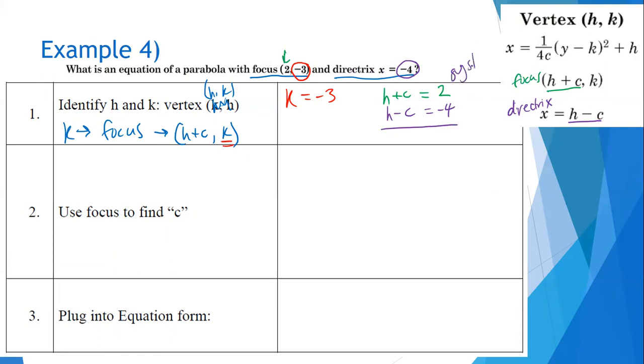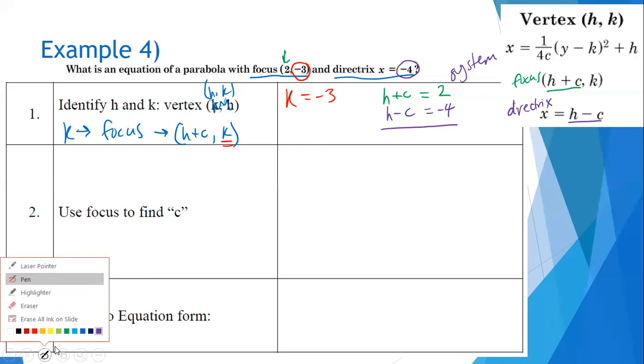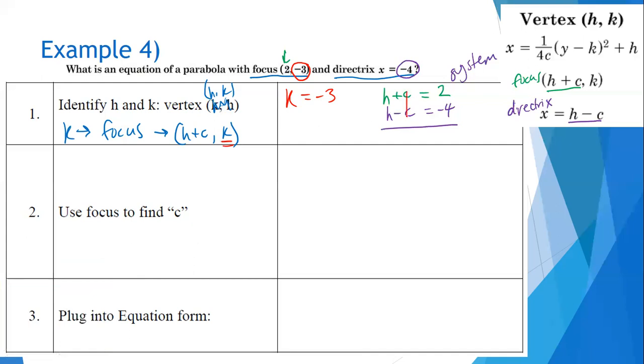A system. How are we going to solve this system? Elimination. So our c's eliminate, and we're left with 2h equals -2. I'm going to divide by 2. So what does h have to be? -1. So h equals -1.